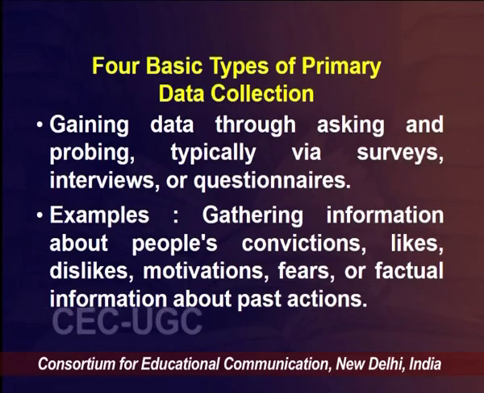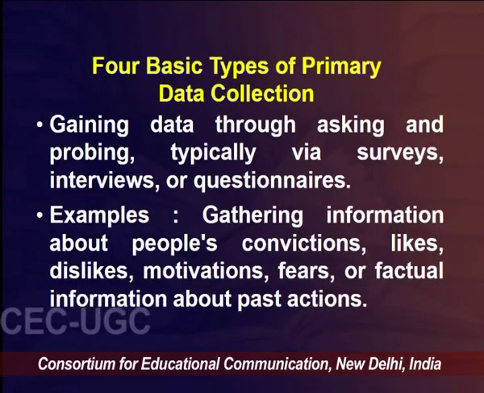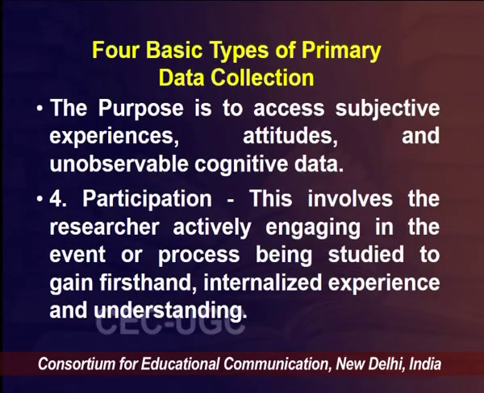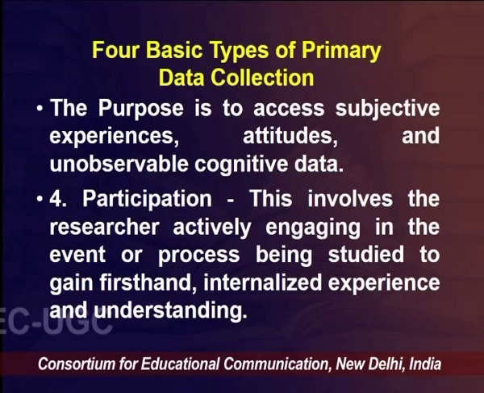An example includes gathering information about people's convictions, likes, dislikes, motivations, fear, or factual information about past action. The purpose of interrogation is to access subjective experience, attitude, and unobservable cognitive data.